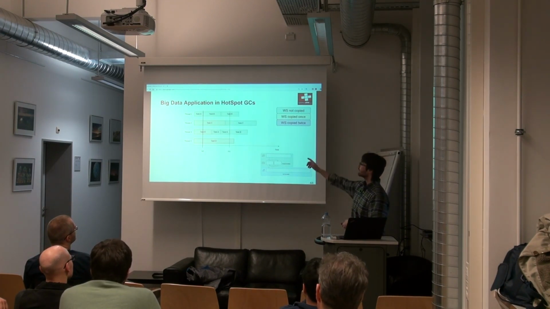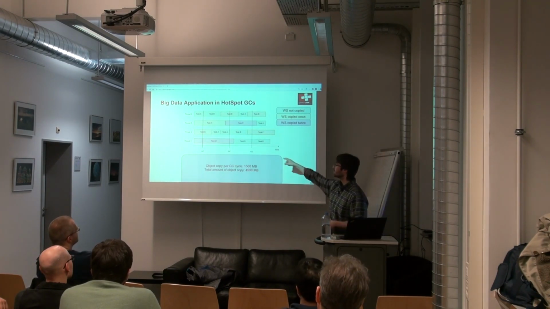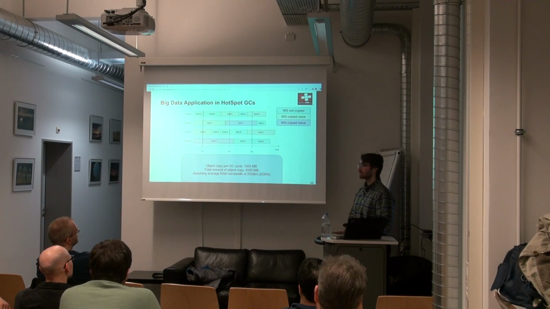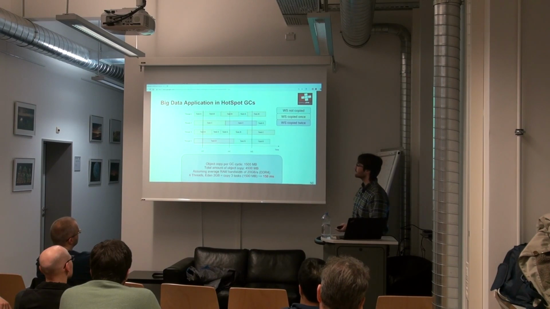We can keep going with this example, and this can turn into pretty bad things. After 3 GCs, we copied a total of 4.5 gigabytes of memory. If you assume around 20 gigabytes per second of available memory bandwidth, which is I think what we get in DDR4, GC is going to take at least 150 milliseconds just to copy data around, and we are still using 4 threads and 2 gigabytes of eden space.